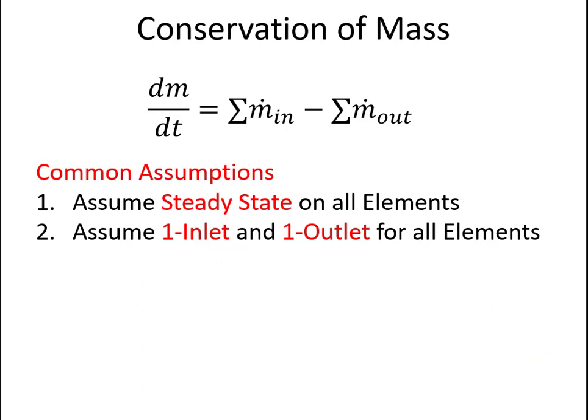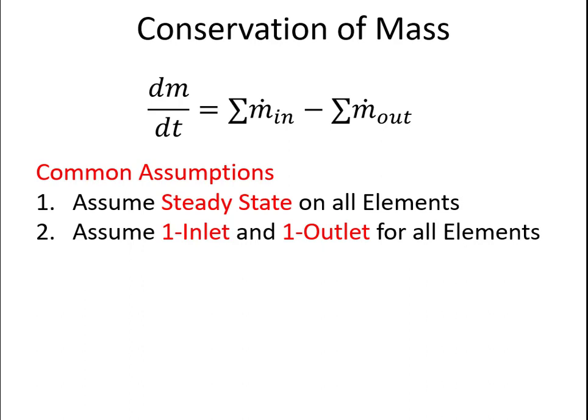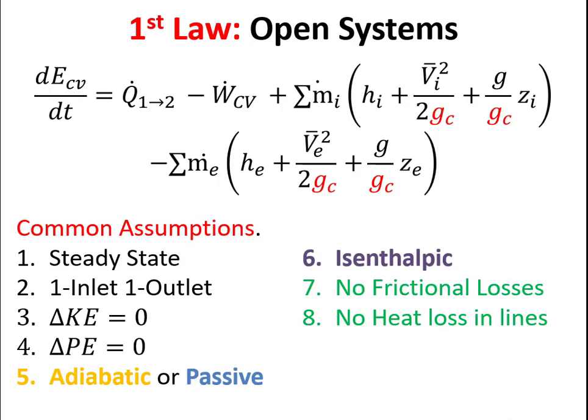Conservation of mass in this cycle is fairly simple. We're not splitting the mass like we did in Rankine regeneration. So if the system is at steady state, and all components have one inlet and one outlet, there ends up only being one mass flow rate in the entire system. We can do a first law analysis on all the different components.